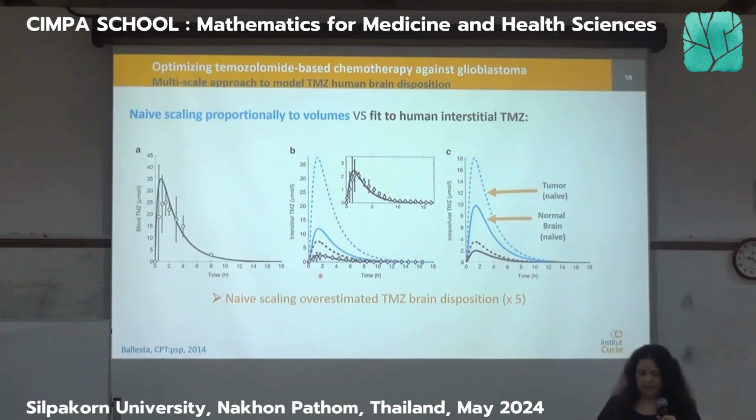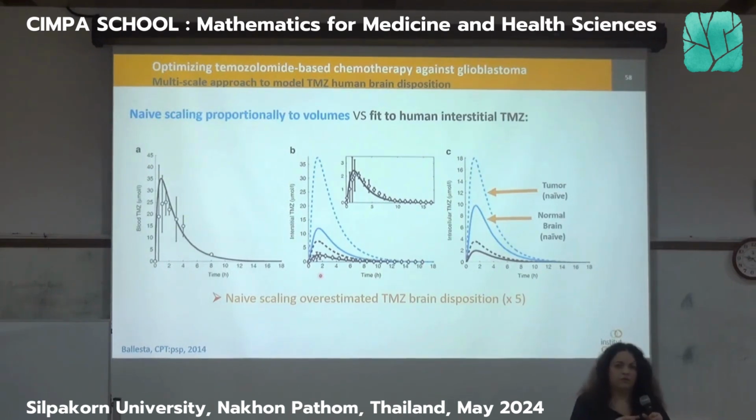So it basically means that naively scaling the parameters with only taking into account volumes, which means basically that a human is just a big mouse, you know what I mean? You take the mouse, you make it bigger, and this is what you get for the naive scaling. And this is clearly not working, although some people say that it could actually work.